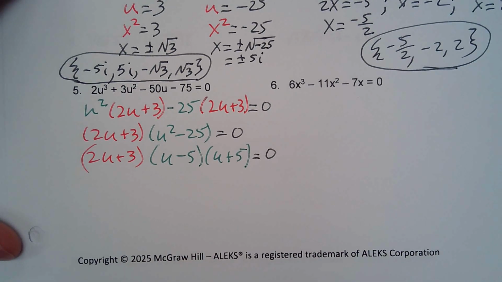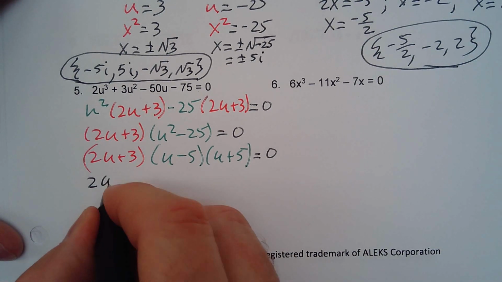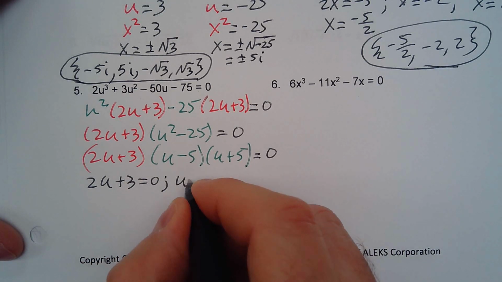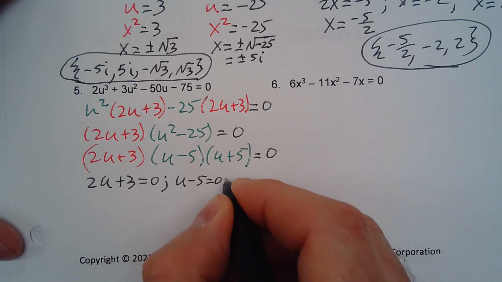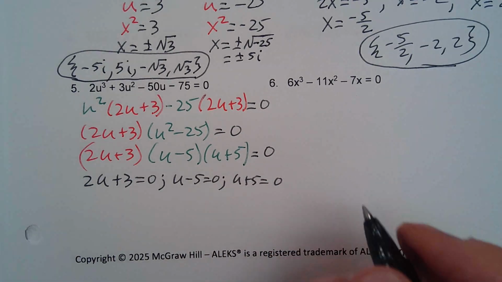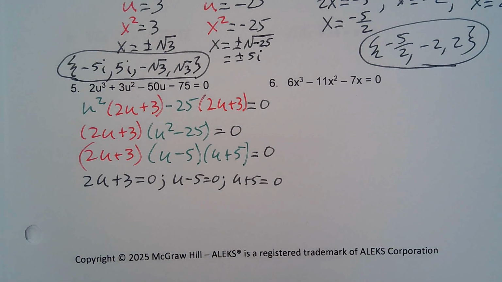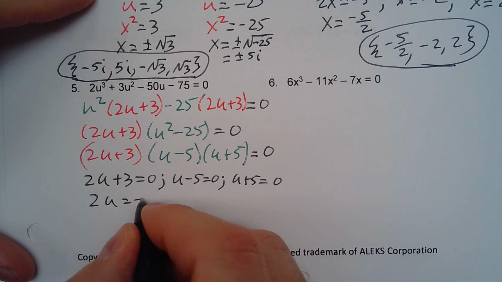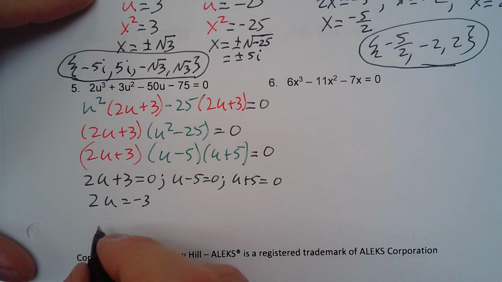And now we're just going to set each piece equal to 0 and solve. So the first one, we would go ahead and subtract 3 from both sides and then divide by 2.